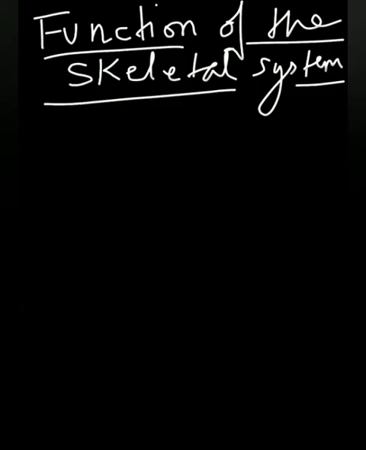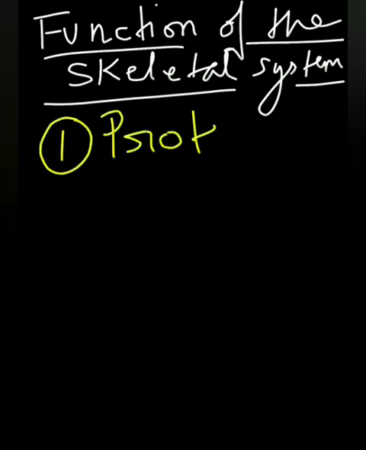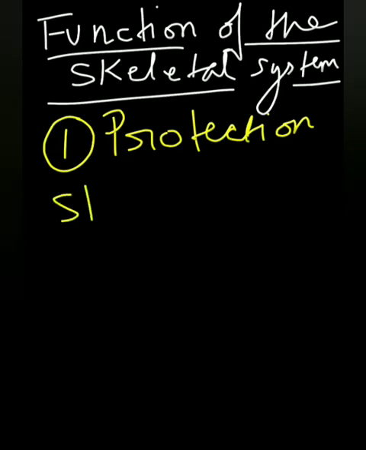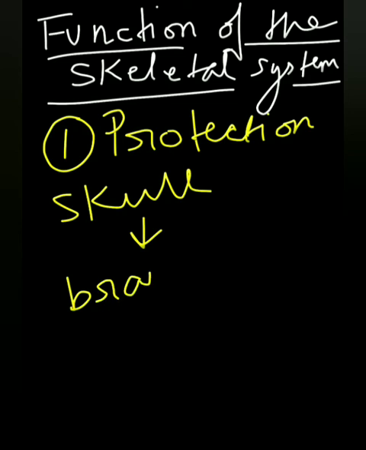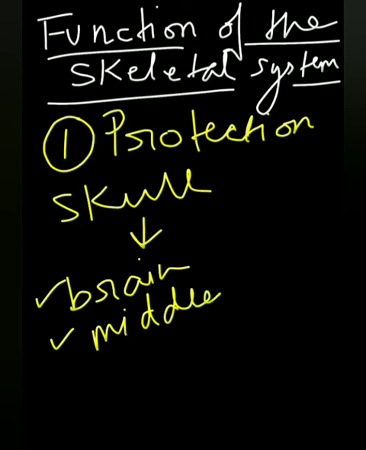Now let's read some main functions of the skeleton system. So first is protection. So the skeletal system protects the number of vital and delicate organs of our body. For example, skull, that protect our brain. Then middle ear and inner ear.